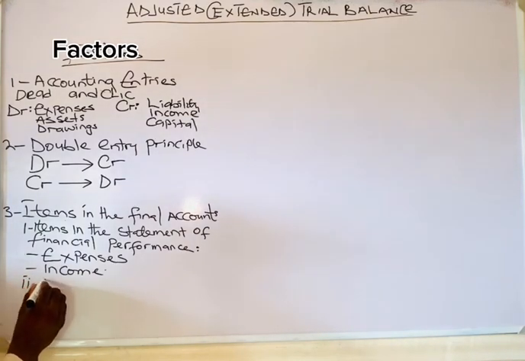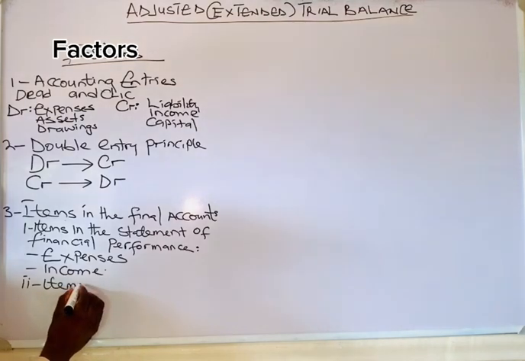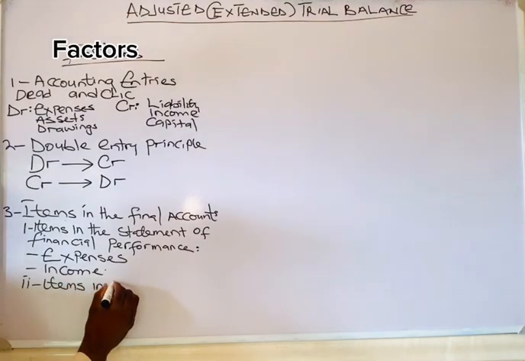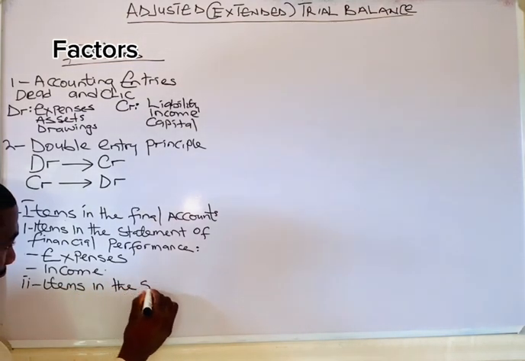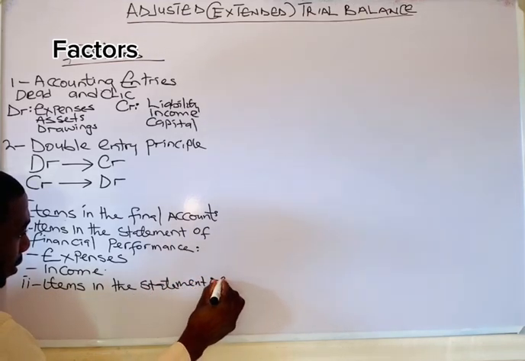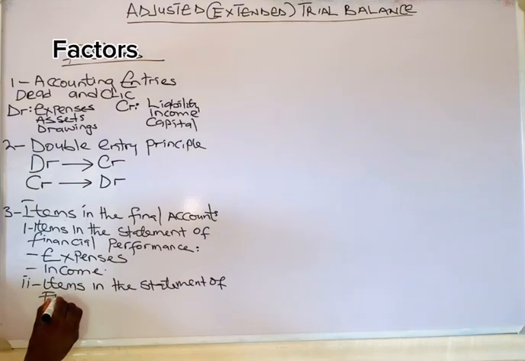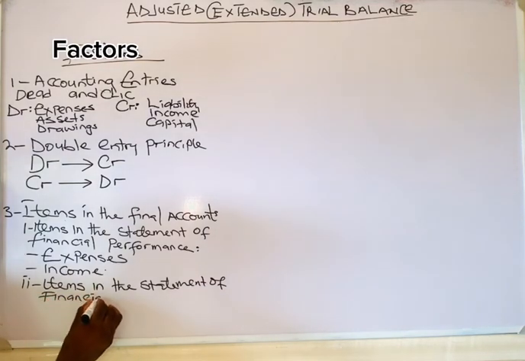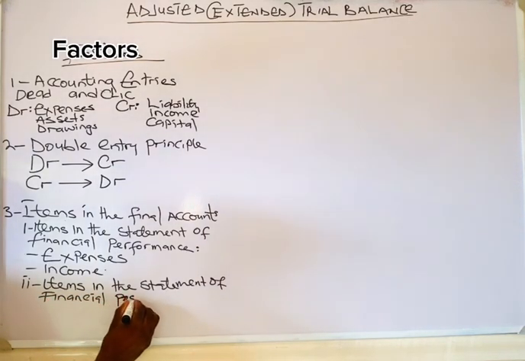So the second final account is items in the statement of financial position.